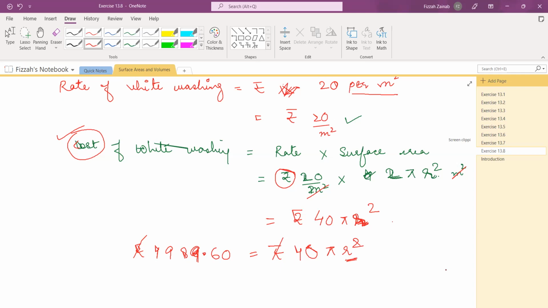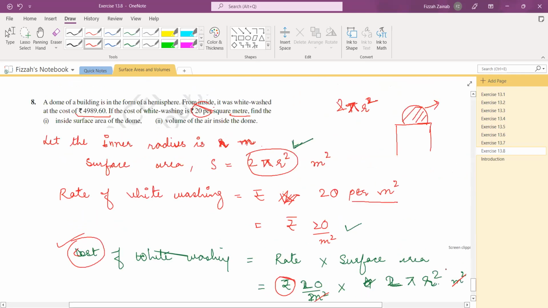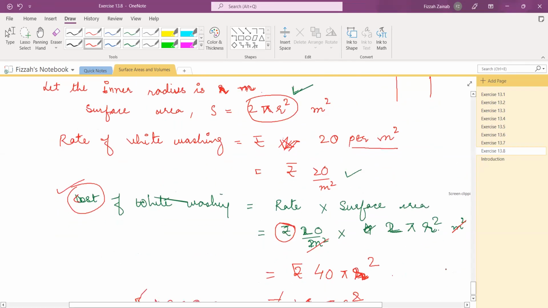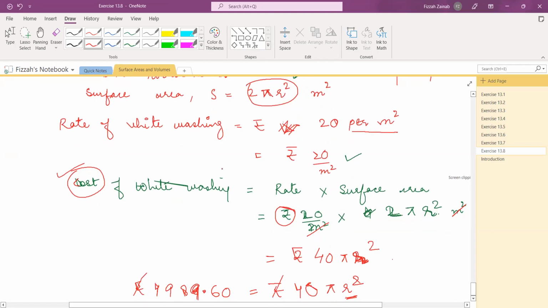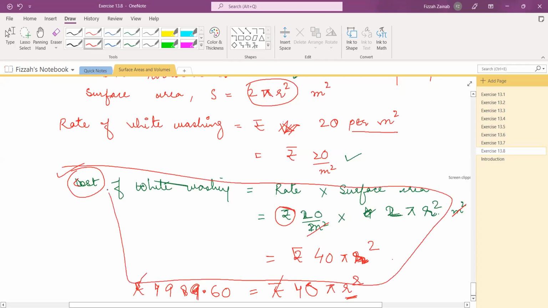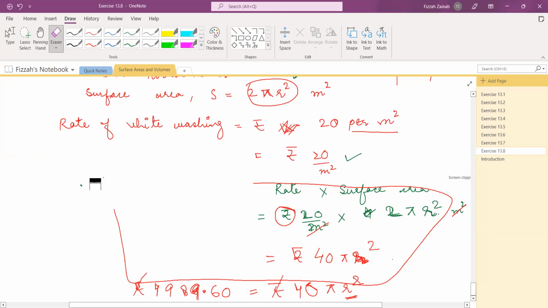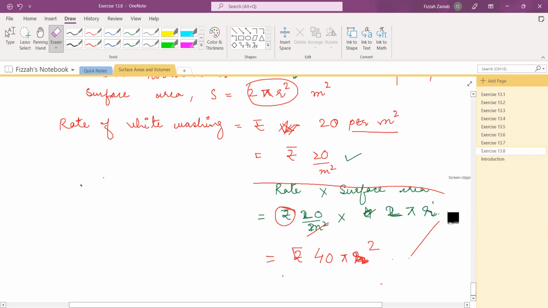I think I can take a different approach here. Instead of writing it like this, I'm just doing it again. We have already done this in the previous exercise, if you remember. A similar question was given, and there we used a different method.